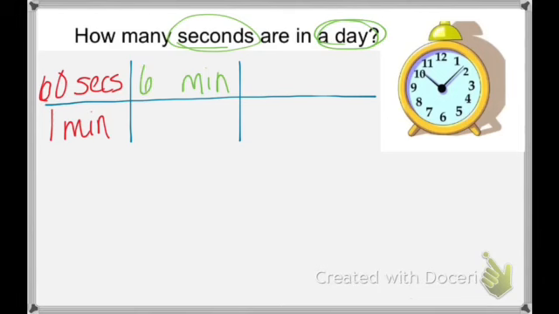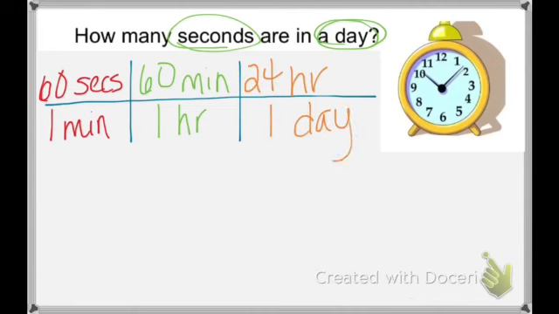And I know that there are 60 minutes in 1 hour. So we got 60 seconds in 1 minute, 60 minutes in 1 hour. So now, what do we know about hours? We know there are 24 hours in 1 day.